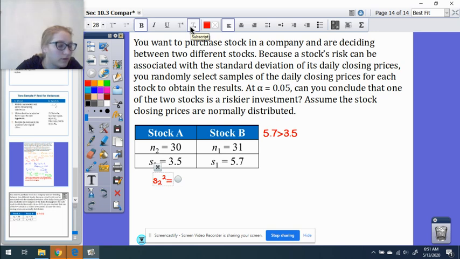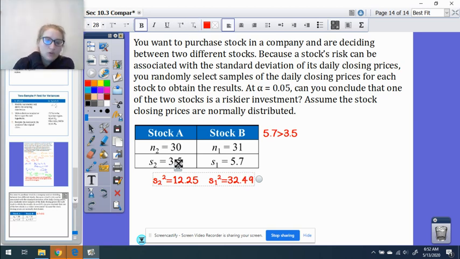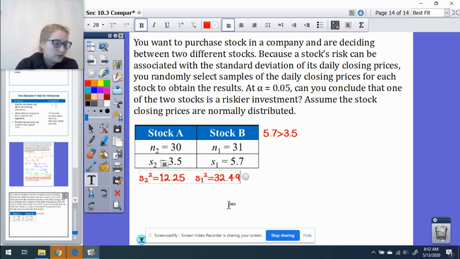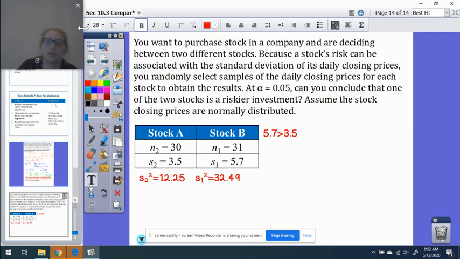So we're just going to do 3.5 squared, which is 12.25, and 5.7 squared, which is 32.49.